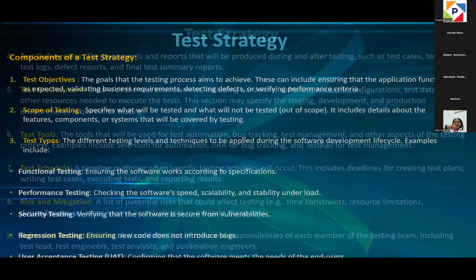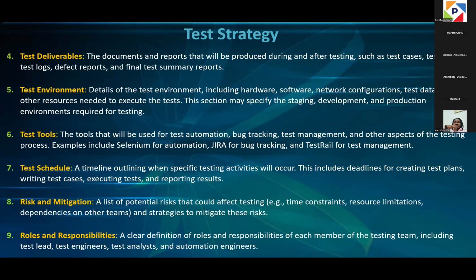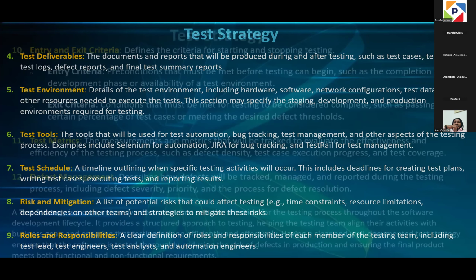So we have the test deliverables under the test strategy, the test environment, the testing tools, the test schedules, the risks and mitigations, which we're going to go into in the next subsequent meeting, and also the roles and responsibilities.